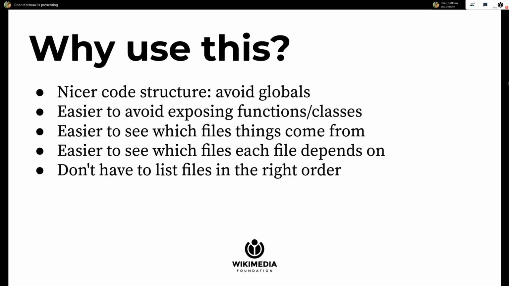You also don't have to think endlessly about whether your files are listed in the right order, and you don't get bugs from listing your files in the wrong order, because you might try to use something that's not been defined yet, or worse, you might have a circular dependency and have things break even worse. With require, you don't have those problems.